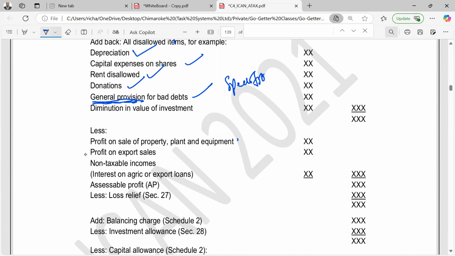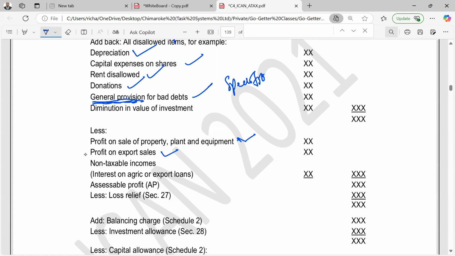So if you have added it, you need to deduct it. Okay, and the same thing too, the loss on the sale of property, plant, and equipment. If you have deducted it, you have to add it back. Now, profit on export sales.